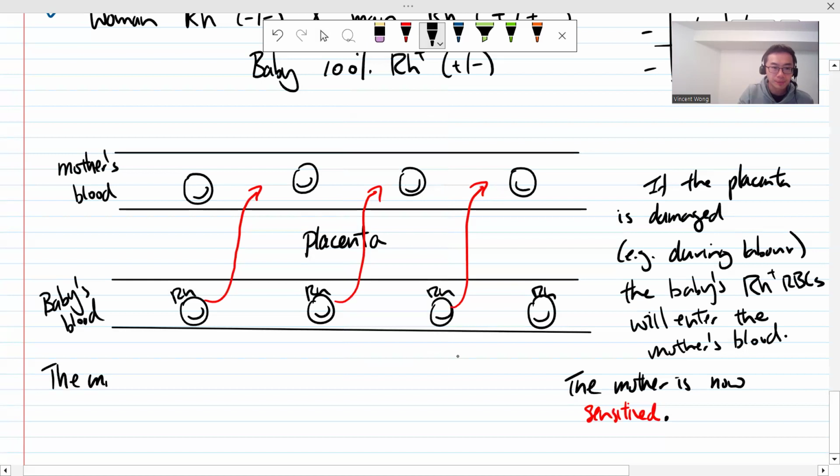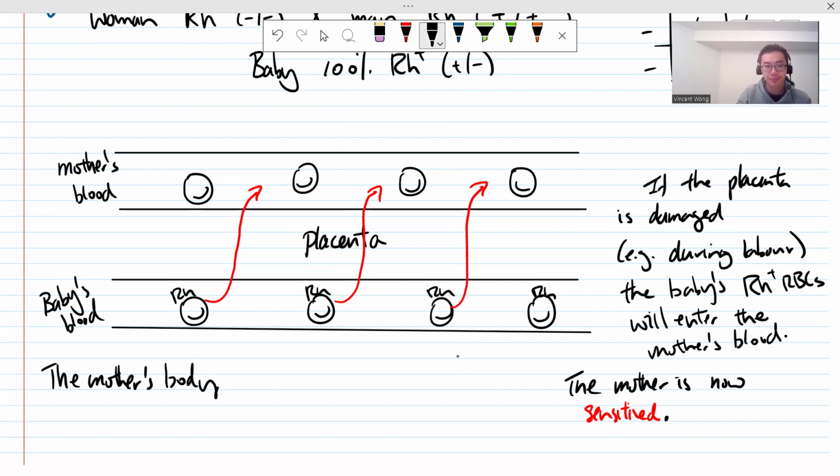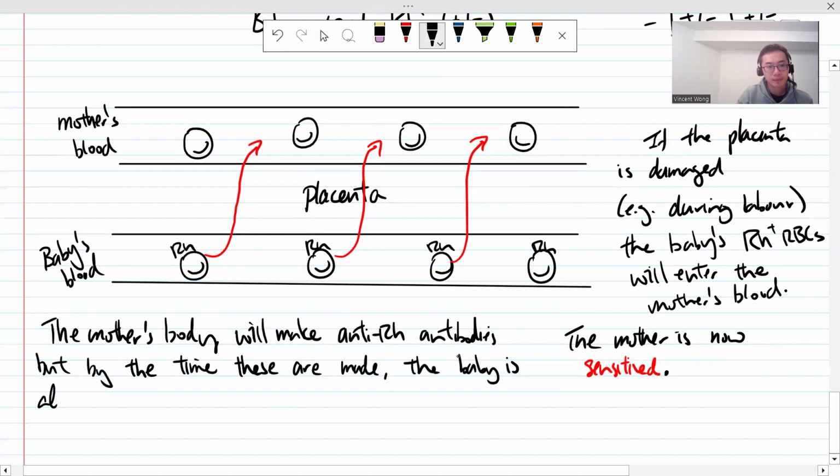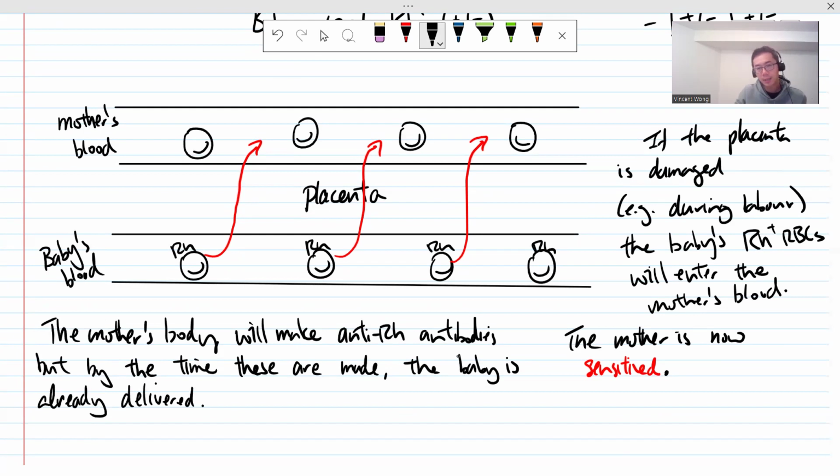The mother's immune system will make anti-Rh antibodies, but by the time these are made, the baby is already delivered, and it's going to be okay.